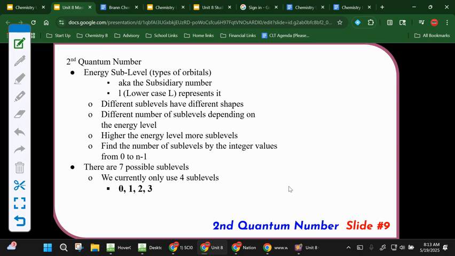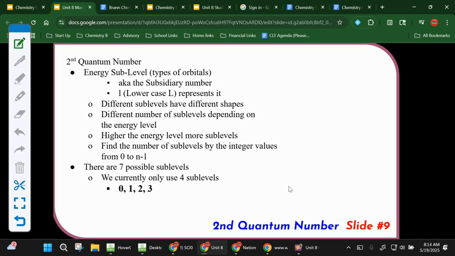Now think about this. The first energy level. What is the n value for the first energy level? What number do we use to represent it? 1.